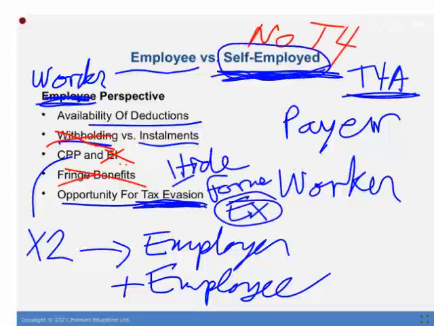So I've seen these kinds of scenarios come up where an employer thought they were doing a favor. I'll use these phrases: the payer, the company, thought they were doing the worker a favor by categorizing them as self-employed, by not taking the withholding, by not taking off the EI, by not providing a T4, and just calling them self-employed.